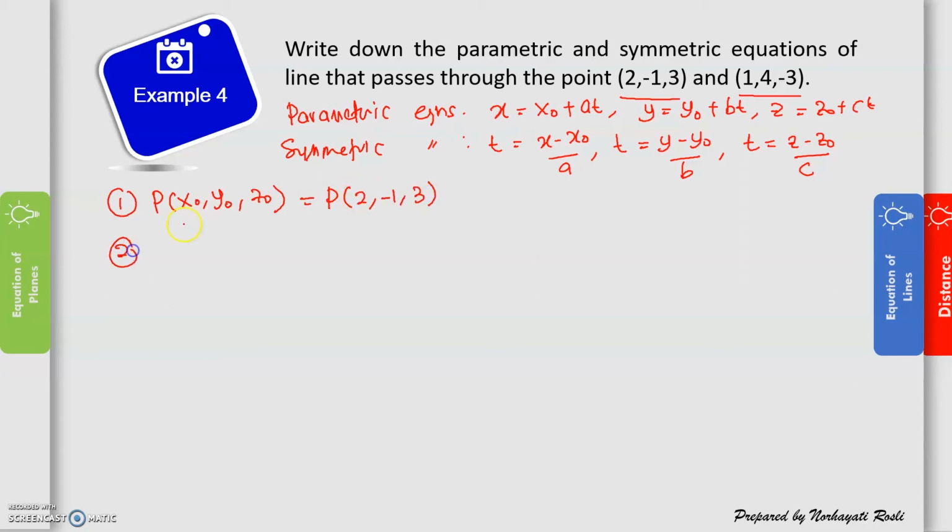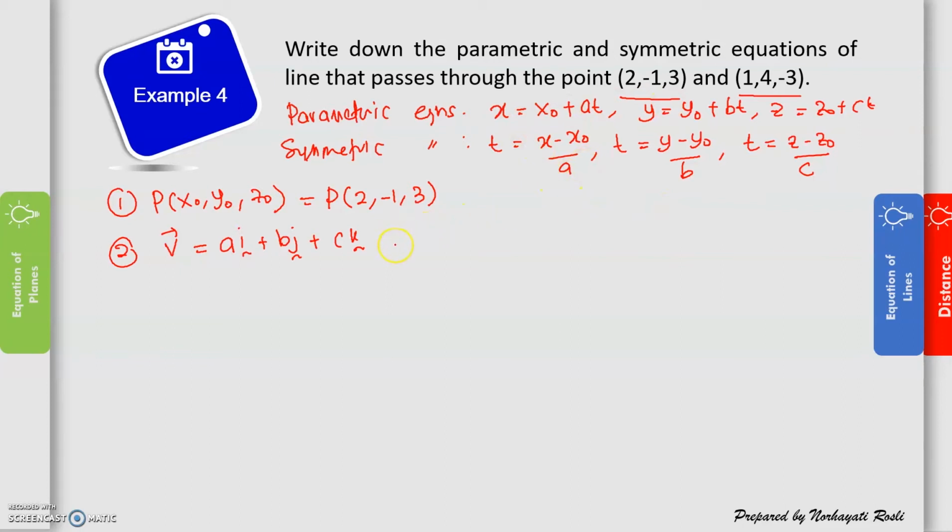Step number 2, you need to find a vector v which is parallel to this line, given by ai plus bj plus ck. Why do we need this vector v? Because we want the values of a, b, and c so that we can substitute them into our equation.